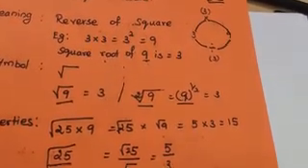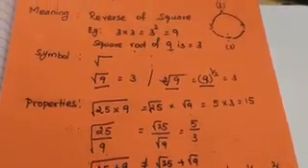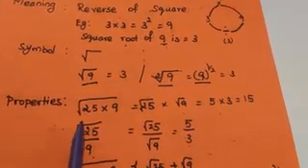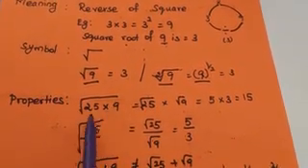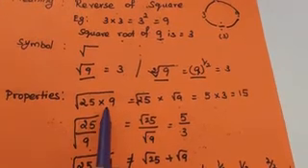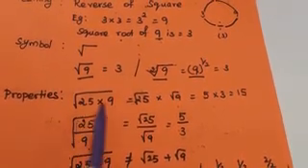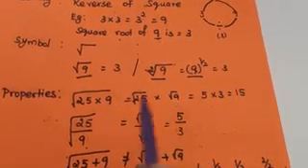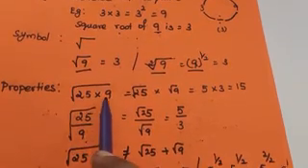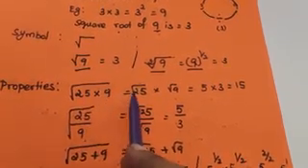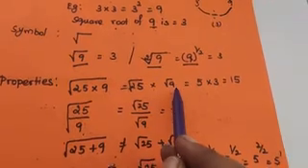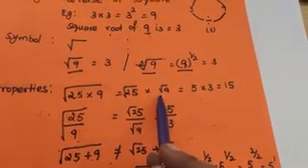Now we can see the properties of the square root of a number. What is that property? If two numbers are under the root and they are in multiplication, then we can separate them, right? That is, root of 25 multiplied by 9 means we can write it as root 25 multiplied by root 9. We can make it separate roots, right?